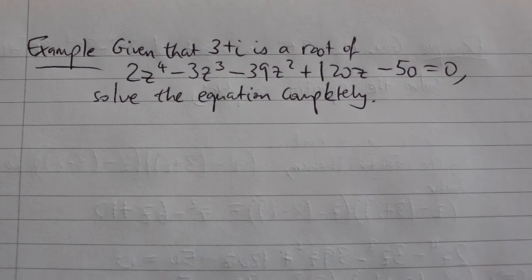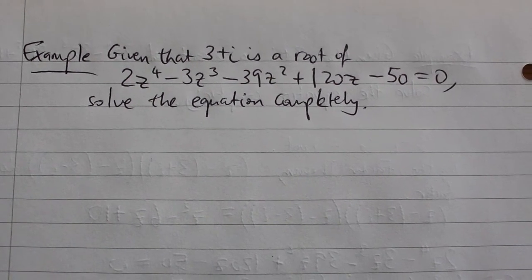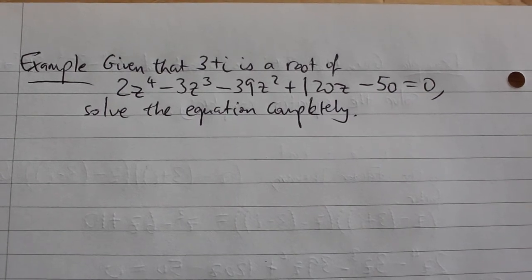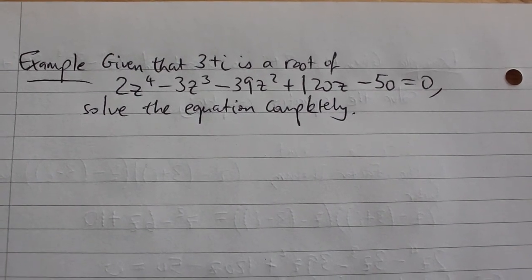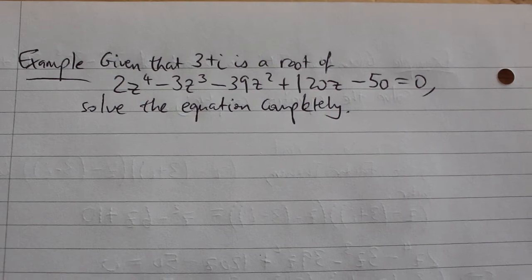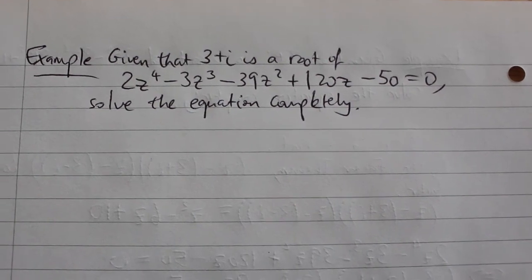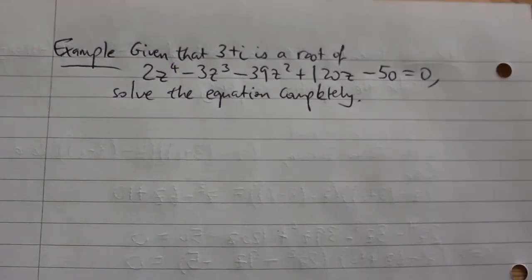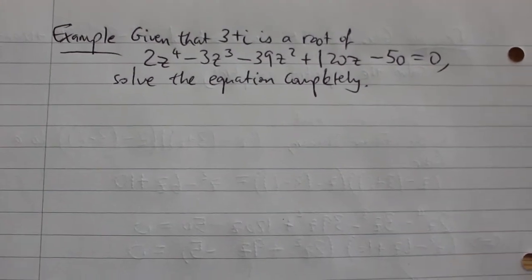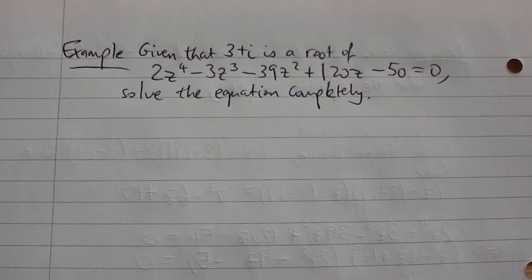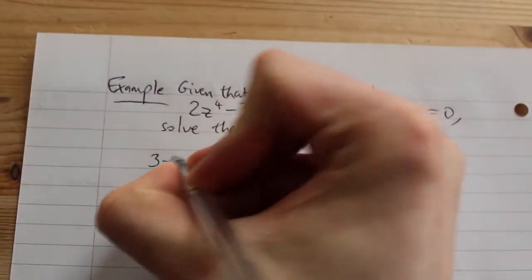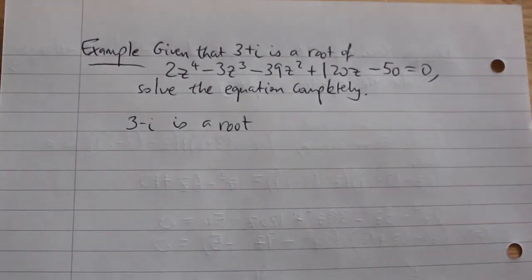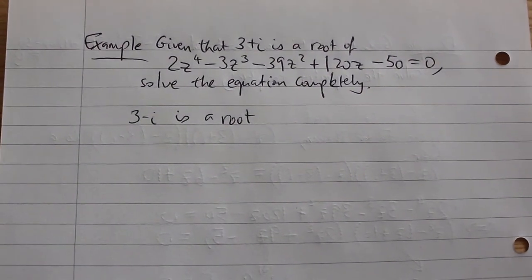So we have this equation here, and we're given that 3 plus i is a root of 2z to the 4 minus 3z cubed minus 39z squared plus 120z minus 50 equals 0, and we're asked to solve this equation completely. So first of all, by the complex conjugate root theorem, we also know that 3 minus i is a root, because complex roots occur in conjugate pairs.